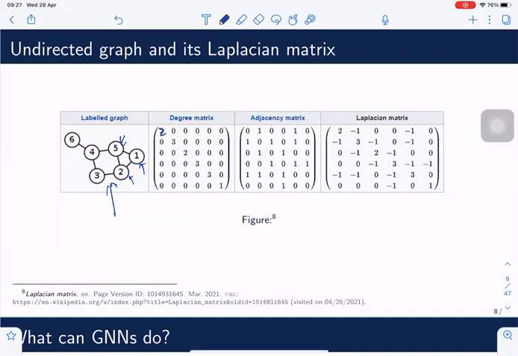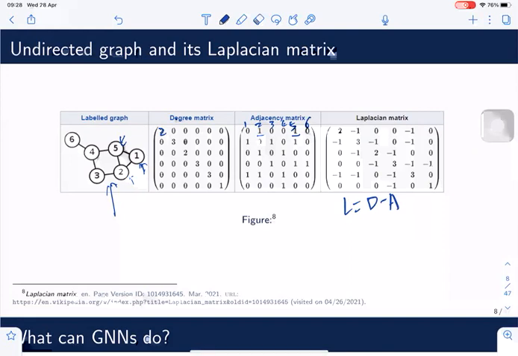And for the adjacent matrix, let's also look at node 1. Node 1 is connected with node 5 and node 2. So the 0 is changed to 1 if they are connected, right? 1, 2, 3, 4, 5, 6. So node 2 and node 5 are connected, and the 0 is changed to 1. And the Laplacian matrix is equal to the degree matrix minus the adjacent matrix.